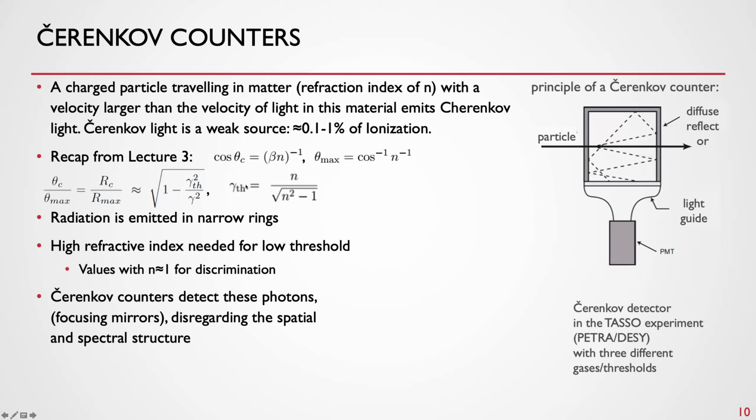That's the vacuum relativistic gamma of the particle traveling through the matter, and it must exceed the threshold value given by the refractive index here. The radiation is emitted in narrow rings. You see from this formula that if you want a low threshold, so if we talk about low momentum particles, then in fact you want a high refractive index. A high refractive index means that the medium speed of light is low, and hence you easily exceed the threshold.